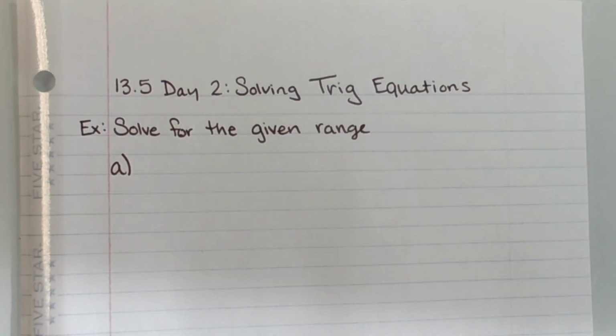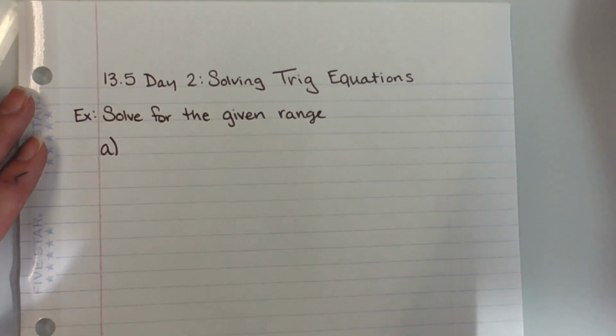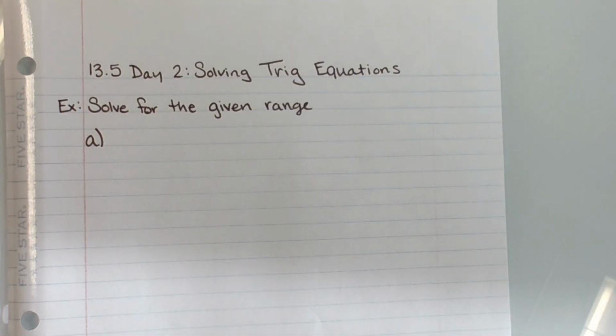Okay, so today we're continuing forward with solving. But today's problems are going to have something a little bit different involved in them. In order to solve, what did we use last week?